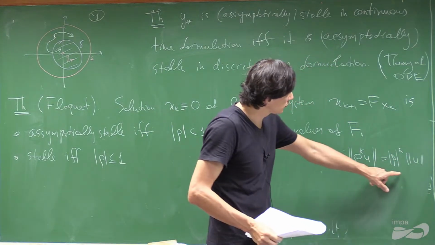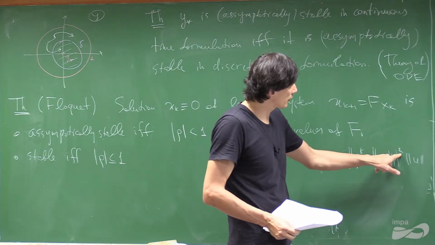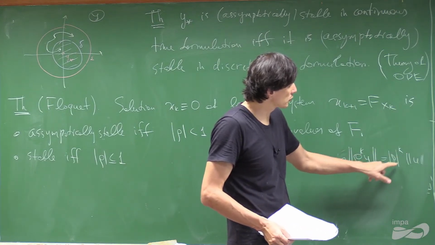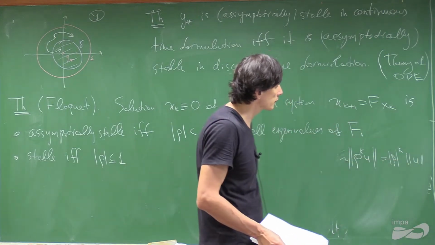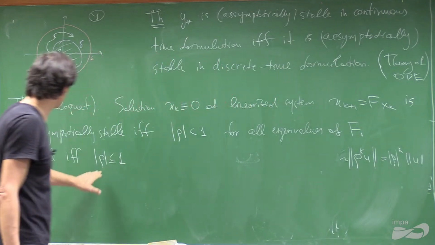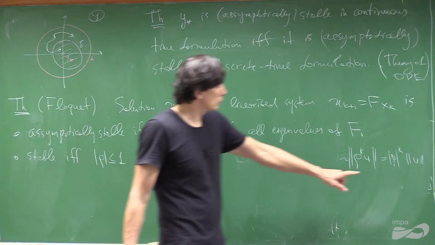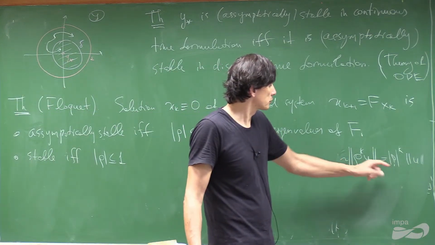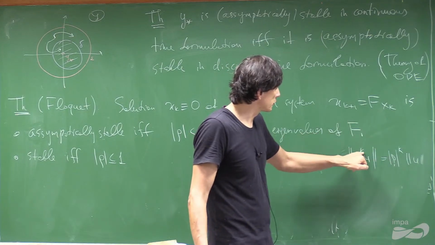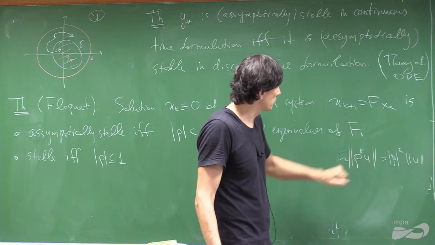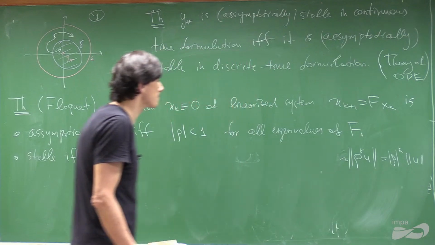So you see the norm is increasing in time k if the absolute value is bigger than 1, and it will be decaying if the absolute value is smaller than 1. So this is a justification of this condition. For that reason, rho is often called a multiplier. Every time you go in discrete time, you multiply the solution by the eigenvalue, so by the multiplier.